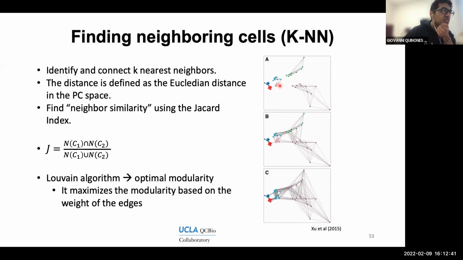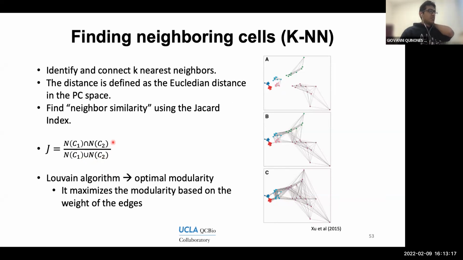You see that cell 1 and cell 2 actually share many neighbors, right? So the Jaccard index will be high. But if cell 1 is from the blue cluster and cell 2 is in the pink cluster, they're still kind of close together, right? The difference is that they don't share many neighbors, maybe 1. So there is very little overlap, and the Jaccard index will be low.